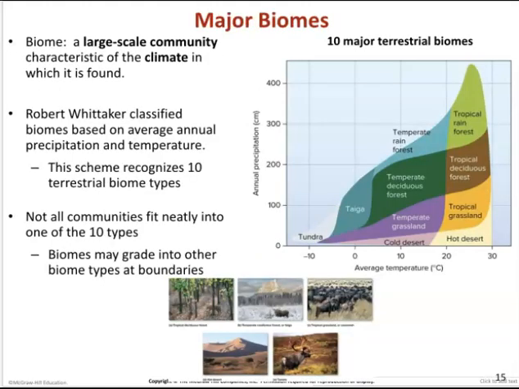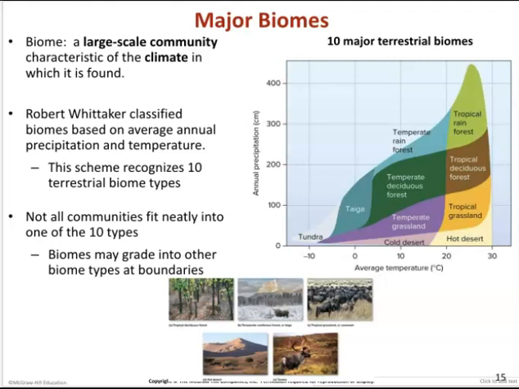So when we talk about communities and climate, we're discussing the biomes of the world. So there are 10 biomes. We have hot deserts and cold deserts, tropical grasslands and temperate grasslands, tropical deciduous forests and temperate deciduous forests, tropical rainforests, temperate rainforests, taiga and tundra.